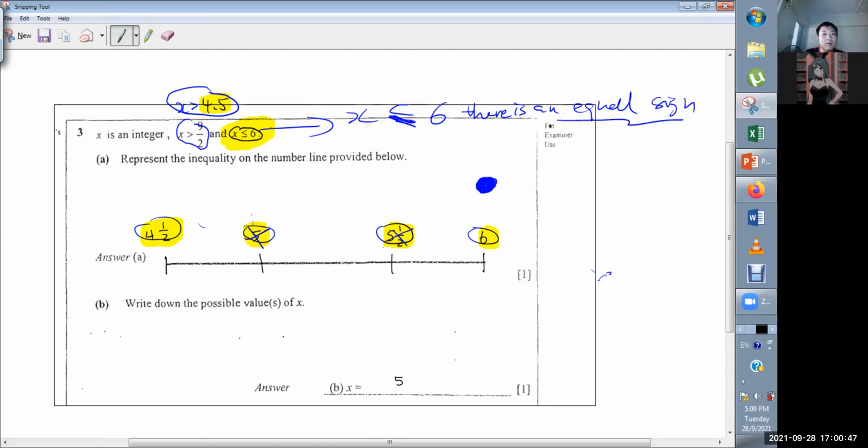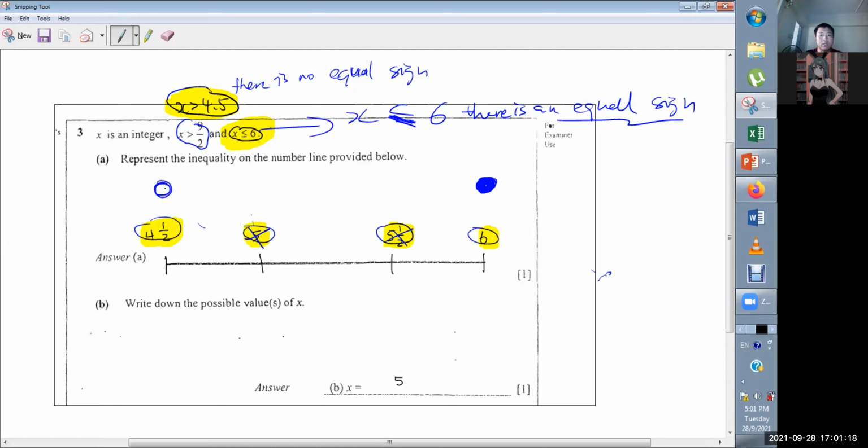Okay, now can we look at this x bigger than 5? I mean x bigger than 4.5. Is there an equal sign there? No. So if there is no equal sign, I just need to put an empty circle above 4.5.